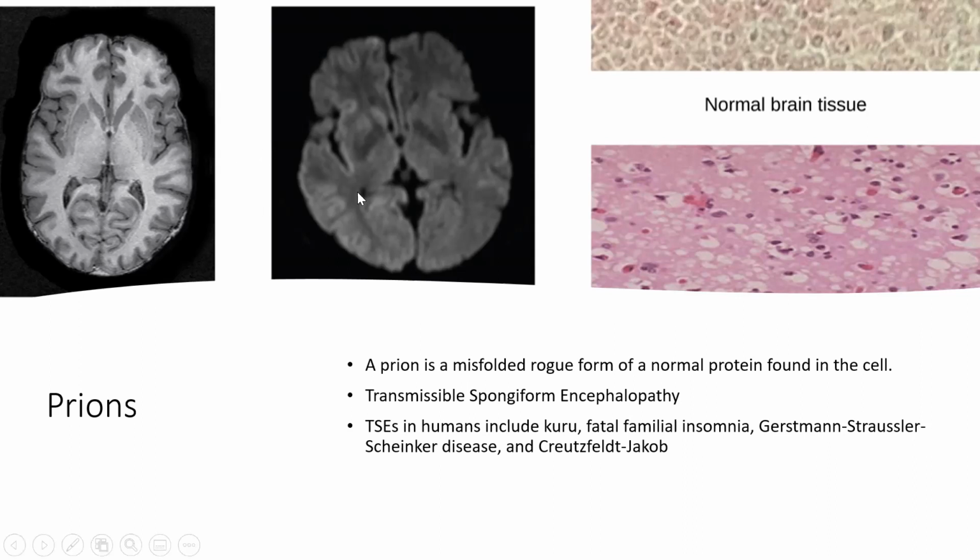Up here we have Creutzfeldt-Jakob. This is a normal brain, and now you can see it's very spongy looking and sparser looking when you have Creutzfeldt-Jakob disease. These prions can get into the body through eating infected tissue. If you have something like bovine encephalopathy, like you eat a hamburger that has neurons with mad cow disease in it, it can actually transfer to you.